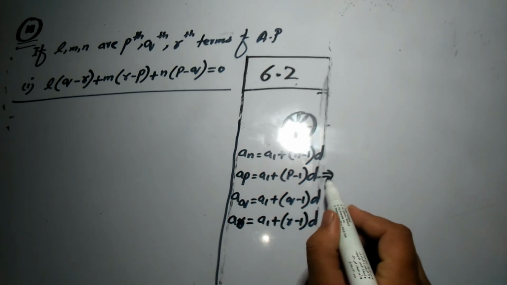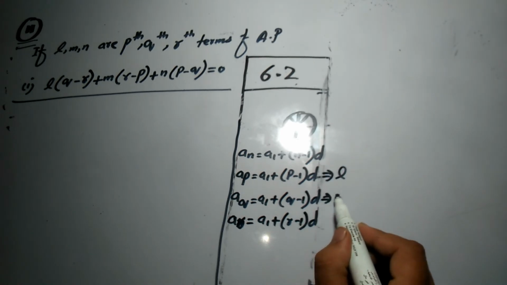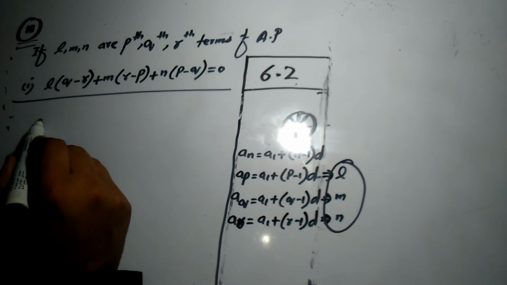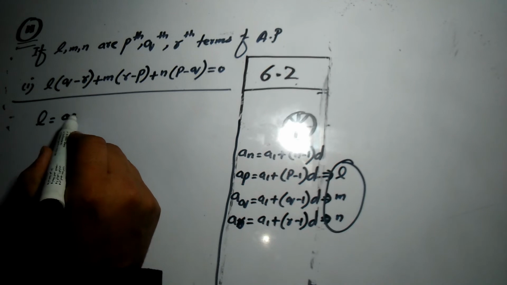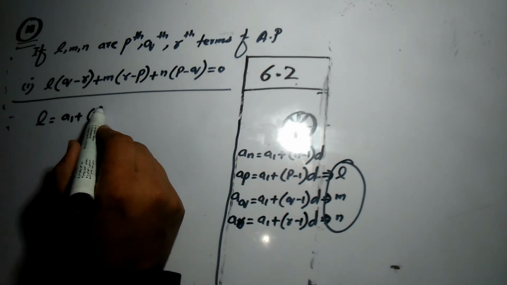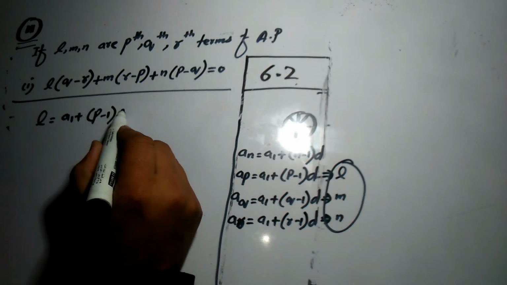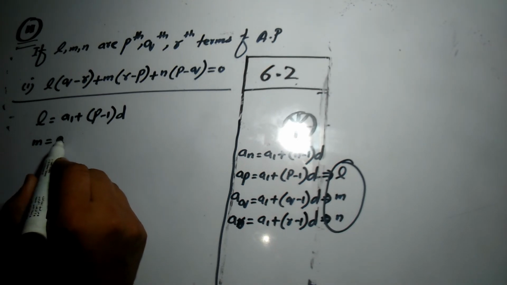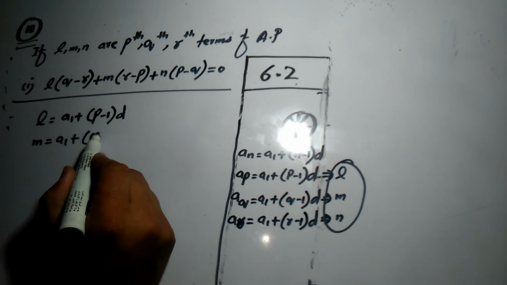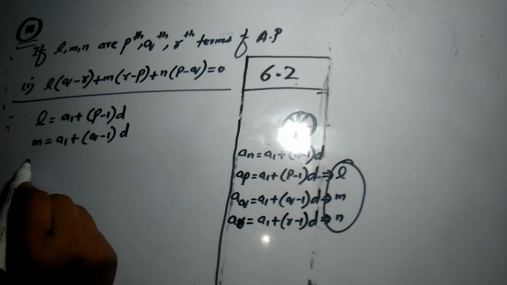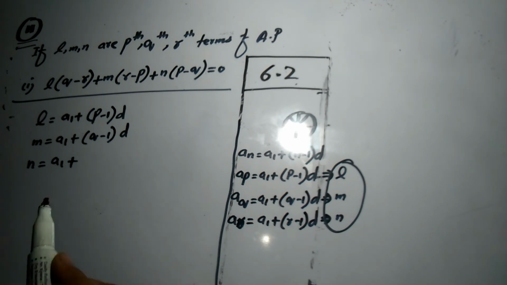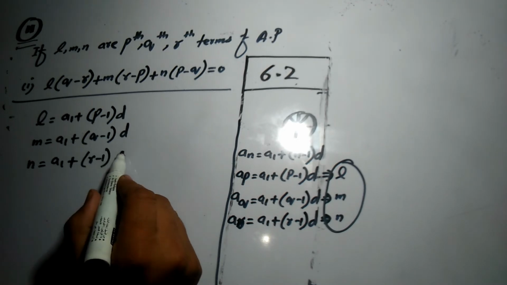So here this term is named L, this is named M, and this is named N. So we will write L is equal to a1 plus p minus 1 d. Similarly, M will be equal to a1 plus q minus 1 d. Similarly, N will be equal to a1 plus r minus 1 d.